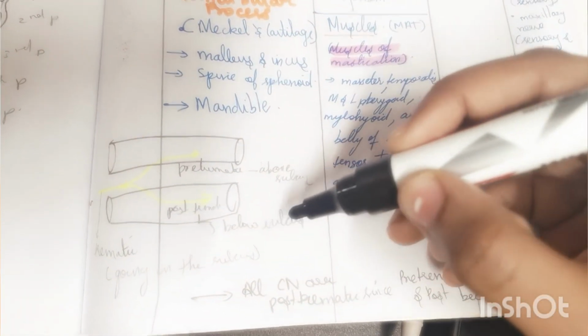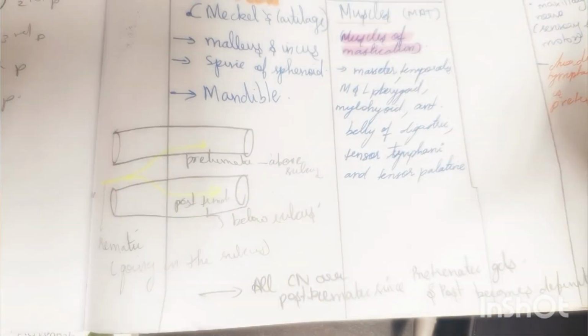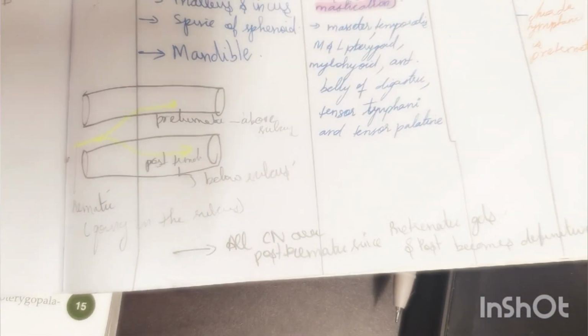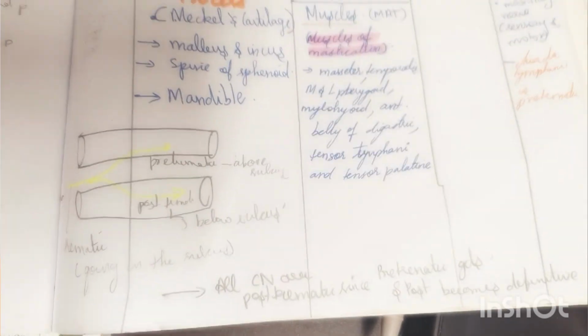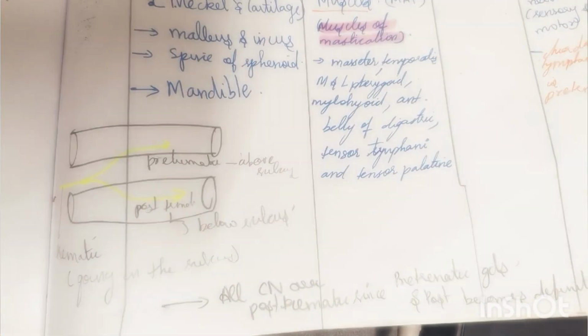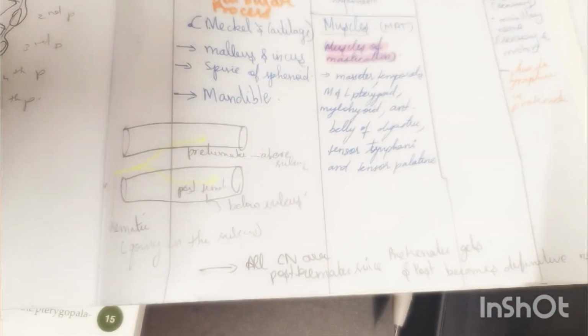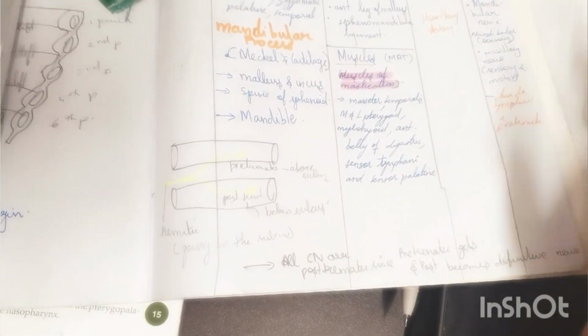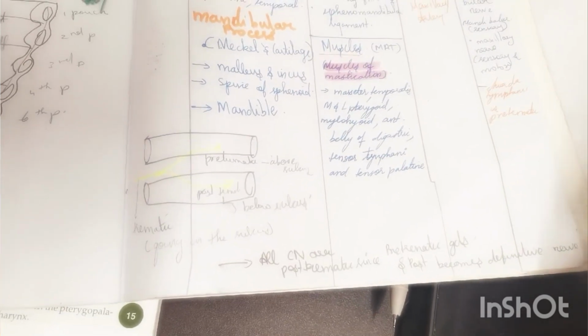All the cranial nerves are basically posttrematic, because the pretrematic does not persist. Most of them are posttrematic. The only nerve that is pretrematic is the chorda tympani nerve, and that's why we call it very special.